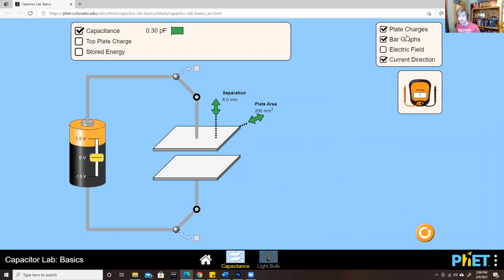So you see plate charges, bar graphs, and electric field, and current direction. Okay, now we could get started. I can manipulate the voltage of the battery, sliding this dial, this lever, and it's mainly a qualitative lab today.